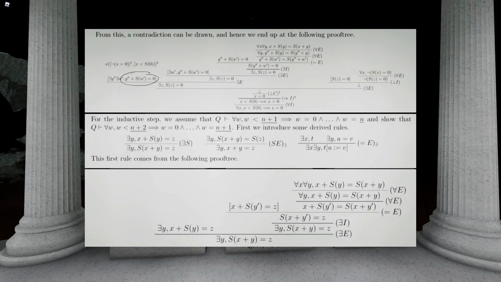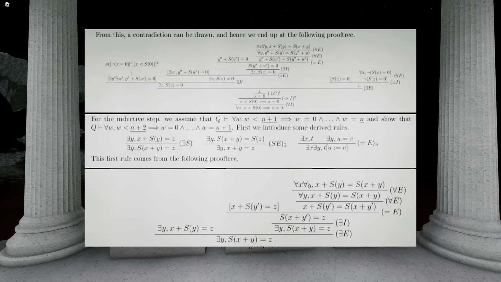That's clearly true once I have this statement, but I need to derive it. I'm doing a very similar thing to what I did in the previous proof tree. I'm using this axiom, which tells me that I can nest the successor. It just says that x plus the successor of y is equal to the successor of x plus y for all x and for all y.